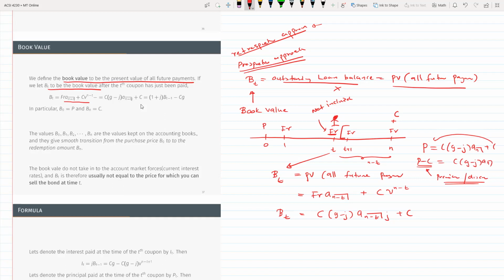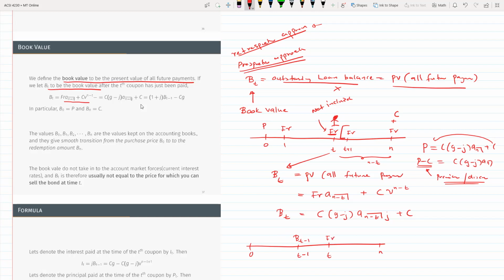So then, let's draw a timeline and think about it in more detail. So here is 0, here is t minus 1, here is t, this is n. Here you can calculate the book value, B_(t minus 1).